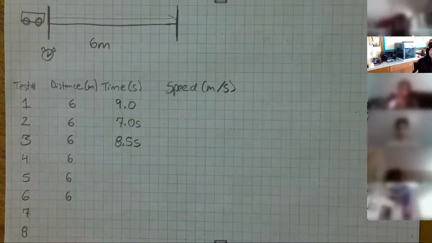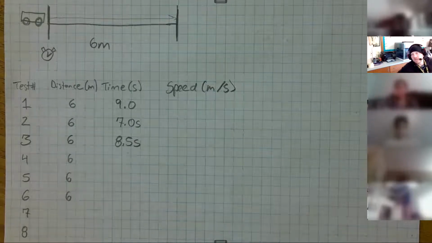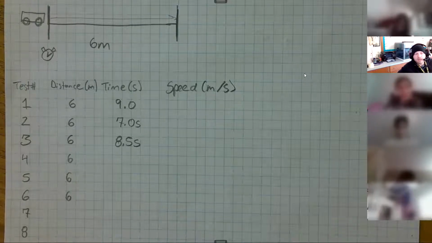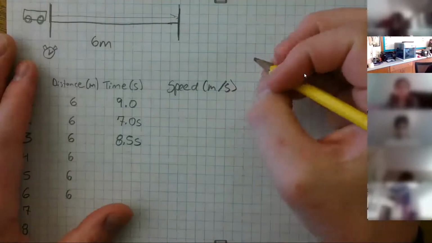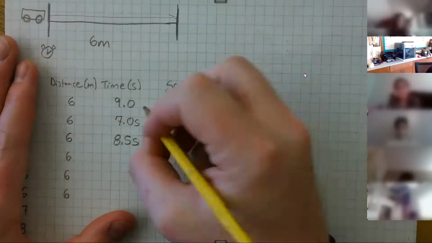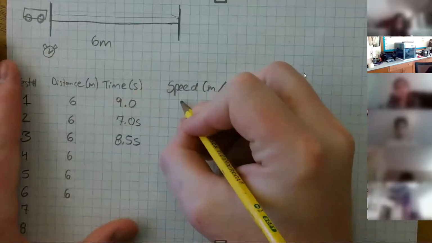It's something per something. So how do we set that up like a fraction or a division problem? Somebody tell me. Summer, yes, distance over time. Distance over time. So what is our distance?